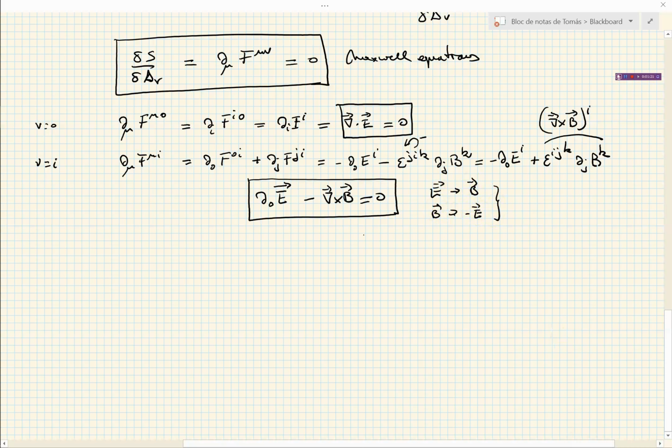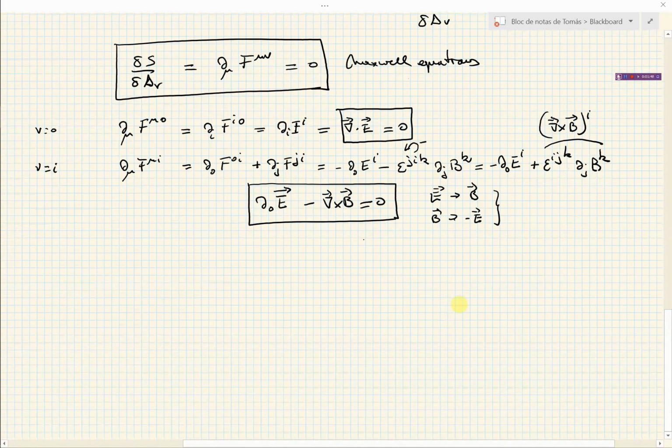If there were sources, charges, currents, then the right hand side of these two equations would not be zero, and then this interchange would not work. So they only work when there are no sources, which is what we usually call the vacuum in this context.